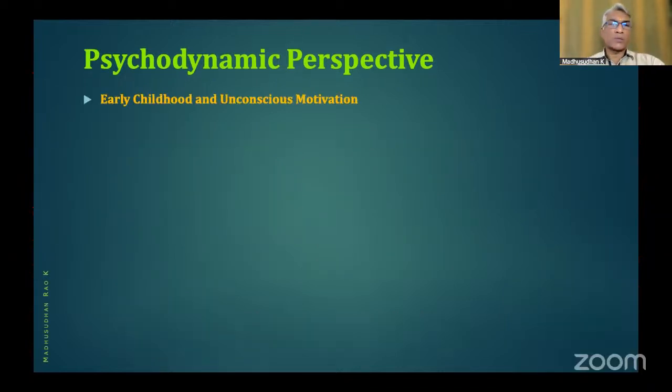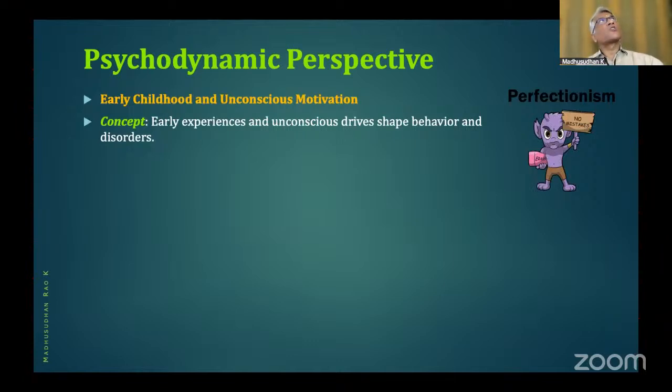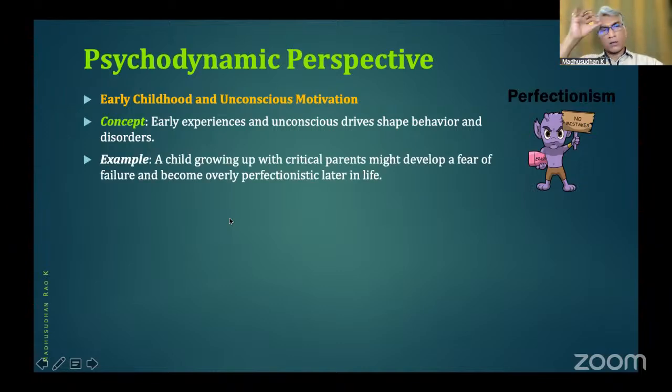Now, psychodynamic perspective: early childhood, conscious and unconscious motives. Early experiences and unconscious drives shape the behavior and disorder. A child growing up with critical parents might develop a fear of failure and become overly perfectionist later in life. You see that a lot of children are controlled by their parents for each and everything. They say, "Don't do this, don't do that, stop doing it, come back, give it to her."